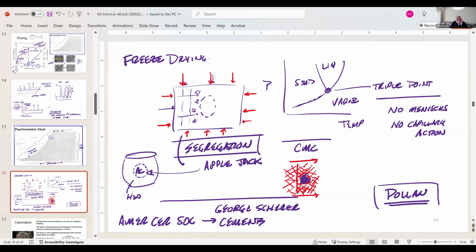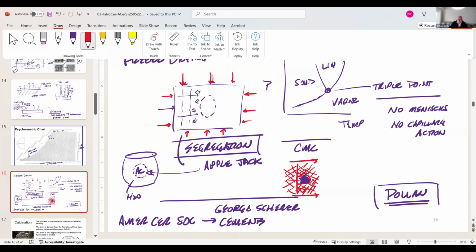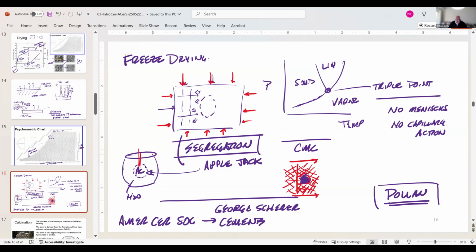The little piece of information you don't need is that to access this, they would drill a hole down and siphon the Applejack out. But this is essentially a freezing process. I would think that your problem in freeze drying is not the evaporation of water, but the problem of freezing, and how you control the freezing process.